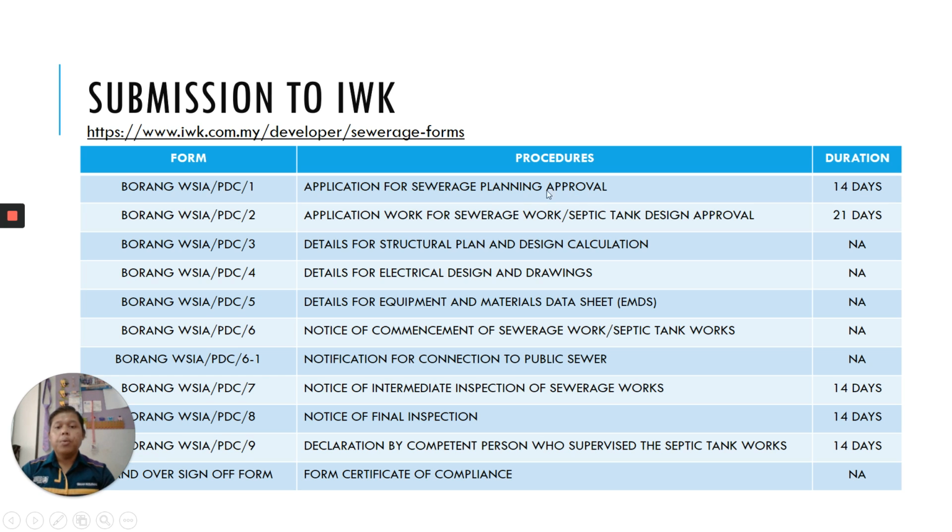After that, we have to apply for the sewerage work or septic tank design approval. It takes about 1 month for both. And then the detail for the structure, plan and design calculation. We have to attach the structure so that the local authority may check the building condition or the building size, so that they will know how you calculate your PE and all this detailed information.